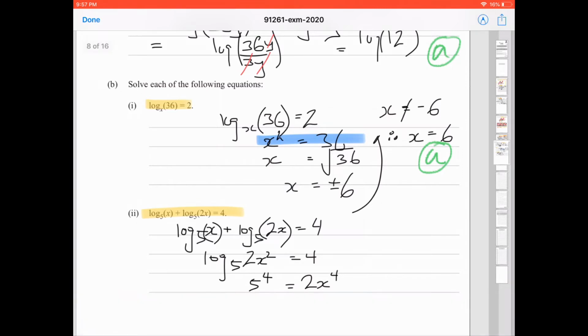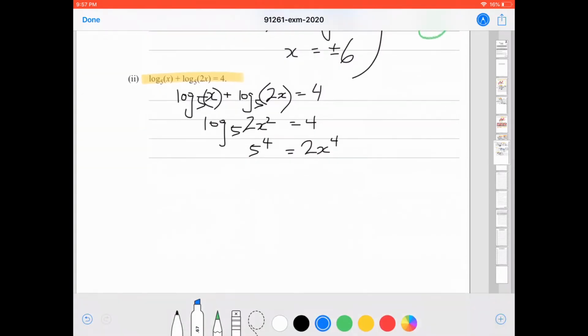We've said 5 to the power of 4 equals 2x to the power of 4. Now let's calculate 5 to the power of 4. That equals 625. Equals 2x to the power of 4. We can divide by 2. Equals 312.5. Equals x to the power of 4.